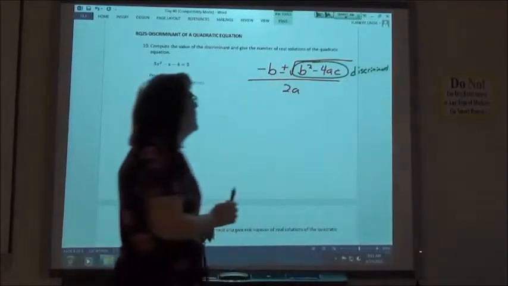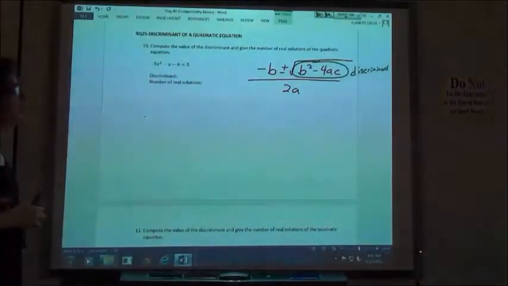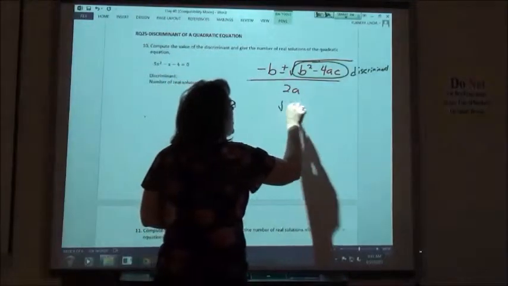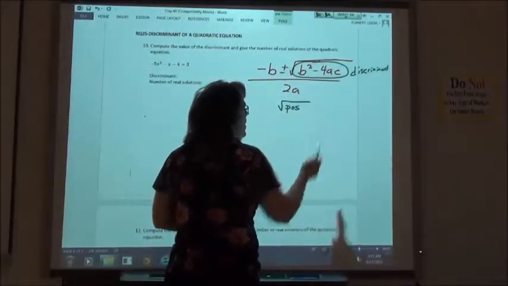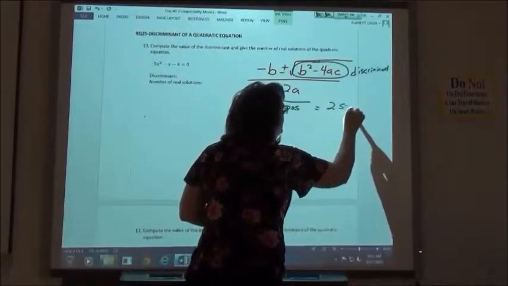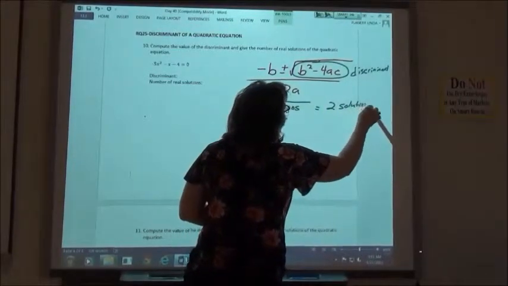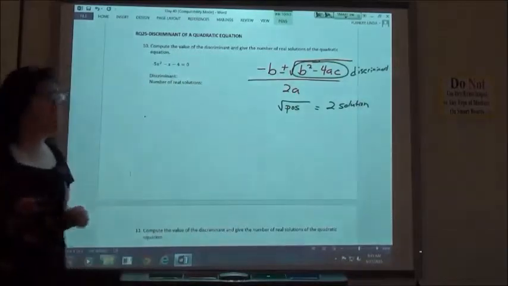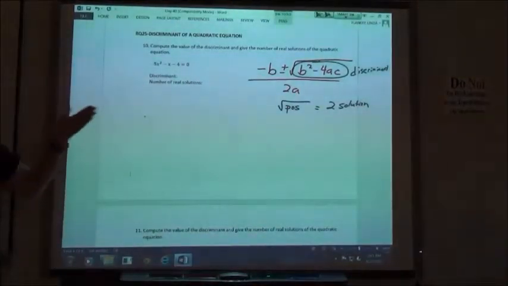The reason they call that the discriminant is because if you have the square root of a positive number, you're going to get two solutions. Right? If that's the square root of 10, I'm going to have plus the square root of 10 and minus the square root of 10.